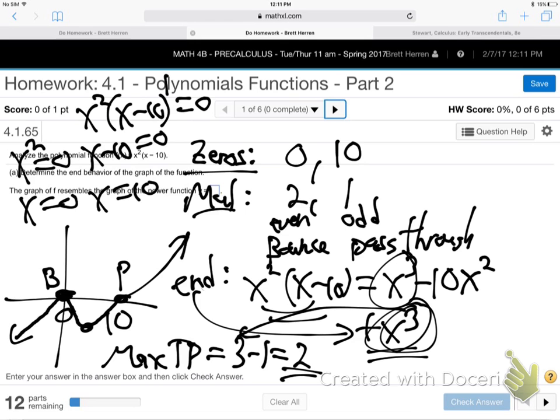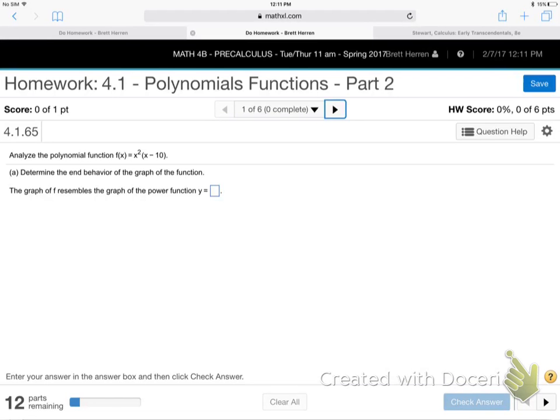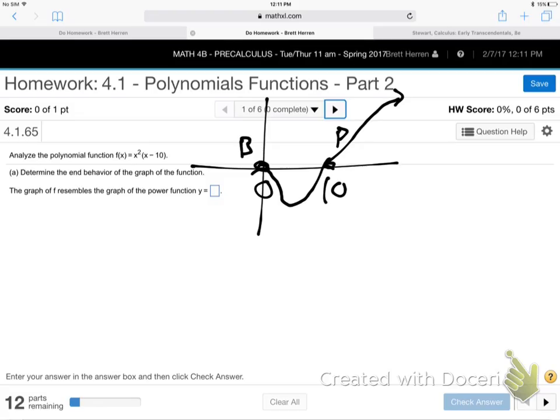Let me go to a new screen and do the same thing, basically, and some more. Okay, so again, we have the graph. 0, 10. This is a bouncer and a pass through. Like that. We good to there? So we have a couple turning points.